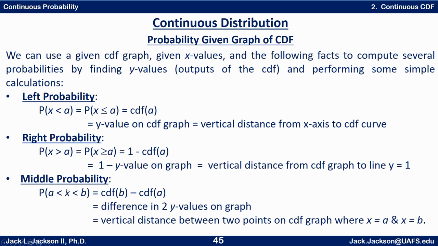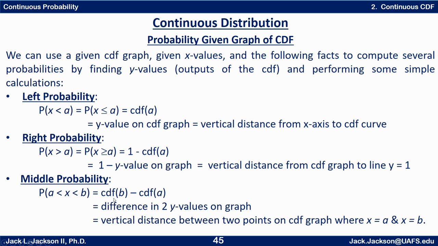We can also do, oftentimes, we want a middle probability. Probability that looks like this: the probability that A is less than x, which is less than B. And in this case, it doesn't matter whether we put the or equal to's or not. Still the same probability. So this could be the probability A less than or equal to x less than or equal to B. In the continuous case, the or equal to's don't really matter.